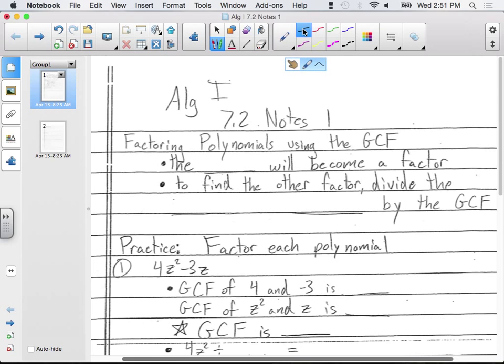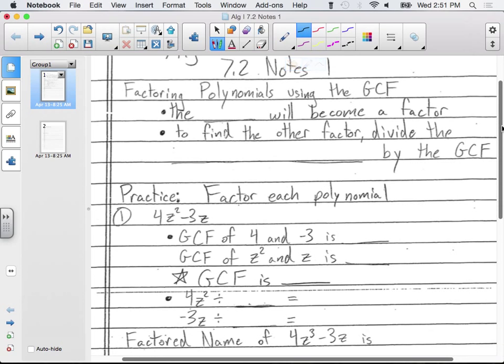So when we're factoring using the greatest common factor, that will be one of our factors. I'm going to say factors a lot today, guys, so be prepared for it. In our end answer, whatever we find for our greatest common factor is going to be in our end answer.